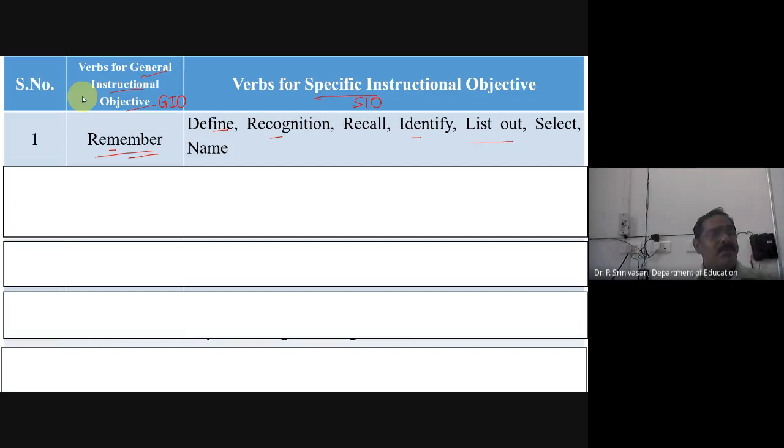So the reason we go for SIO is that it is measurable. If I define, you can measure it. You can put 0 marks, 1 mark, 2 marks, or 0 if I am not answering. Therefore, if SIO is measurable, what about GIO?